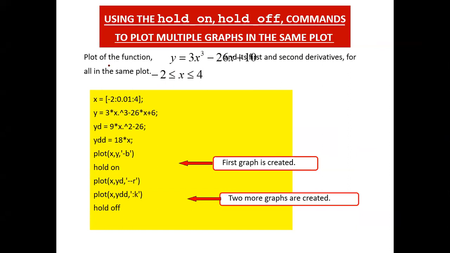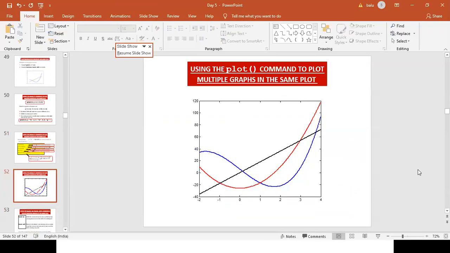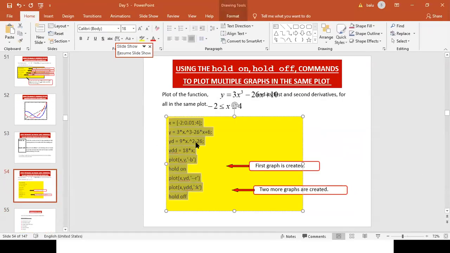How will it generate multi graphs in the same plot? It shows the result for whatever values we have. What output are we going to expect? The graph shows what we get using hold on and hold off. The same code we can try in MATLAB.